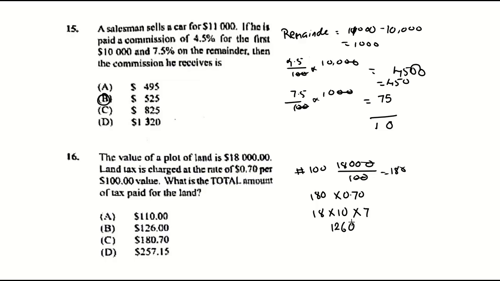And then you add your 0. And how many places are we going back? Not 2, because remember, you put multiply by 7, so you're carrying it back once. So the answer is B, 126 for number 16.